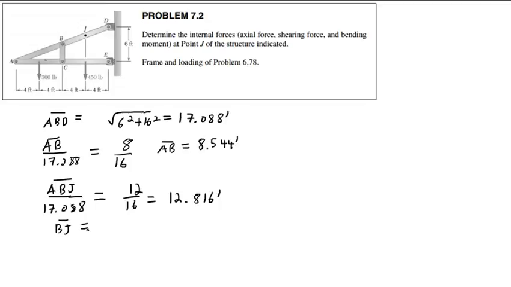And then I can simply say if I need BJ, that is going to be equal to 8.854 minus this, or 1/4 of the total length. So that is then 4.272 feet, and JD also equals 4.272 feet.